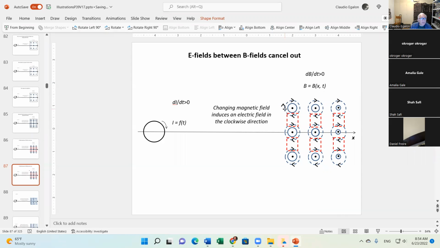We still have electric fields pointing up here, right? Same here. And let's not forget that we also have electric fields circulating here on this side, right?